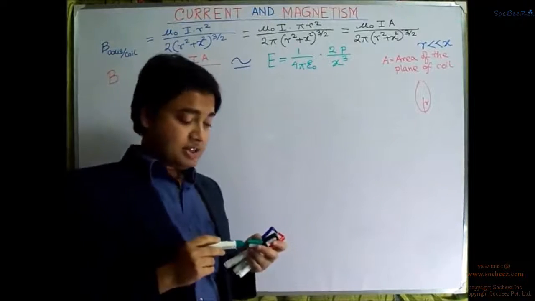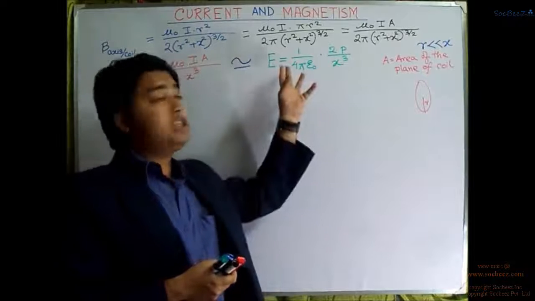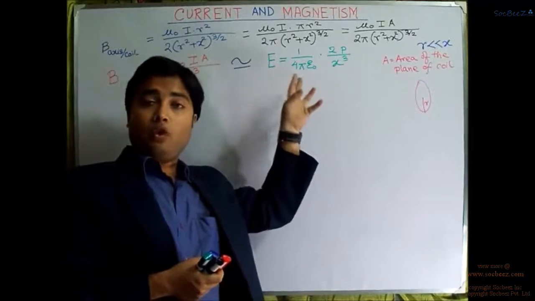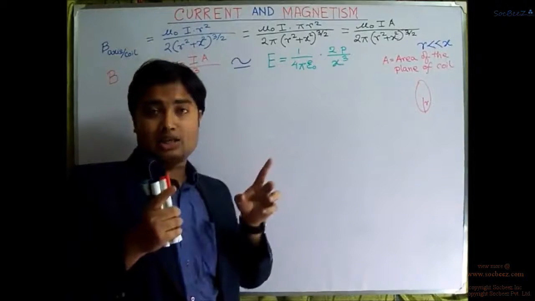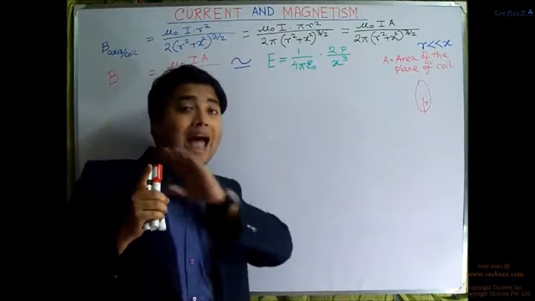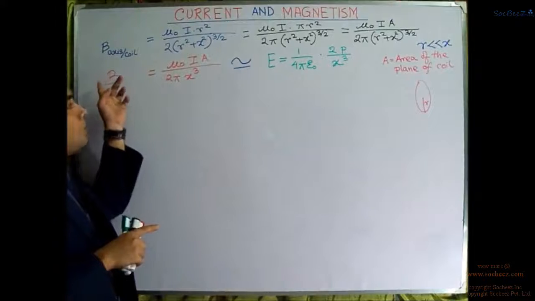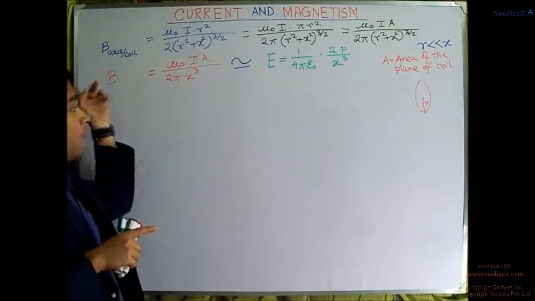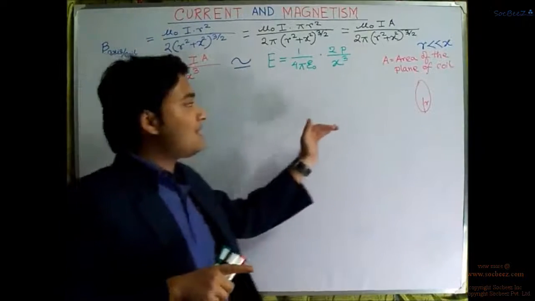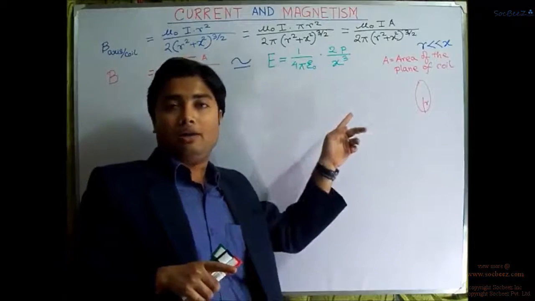As we have seen in electrostatics, this expression was for a dipole. But on the axis, likewise, we have found this B on the axis of this current carrying coil.